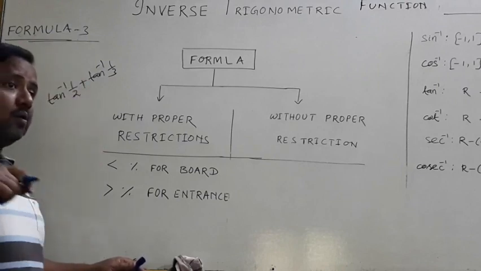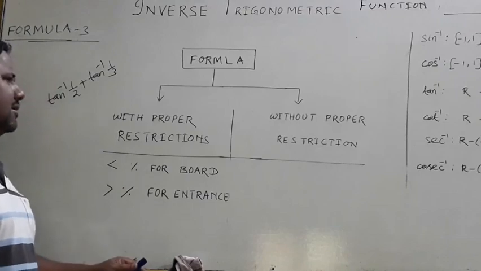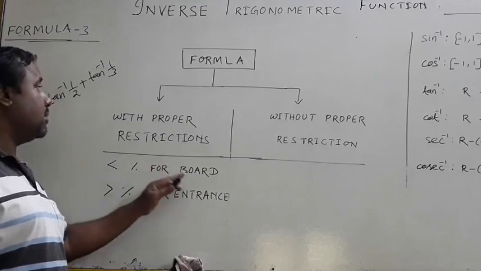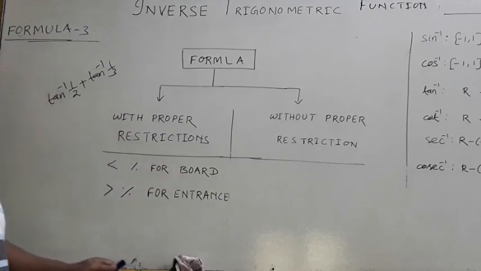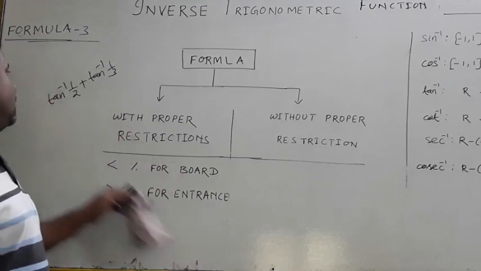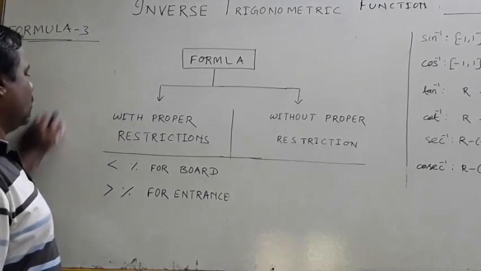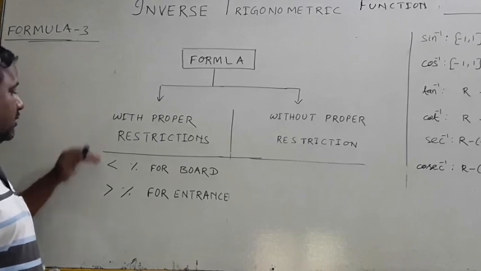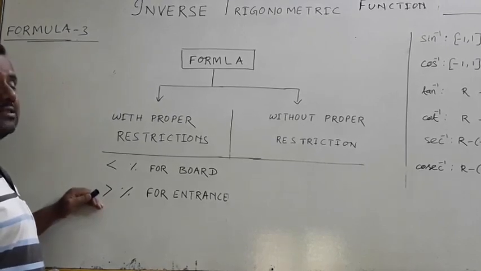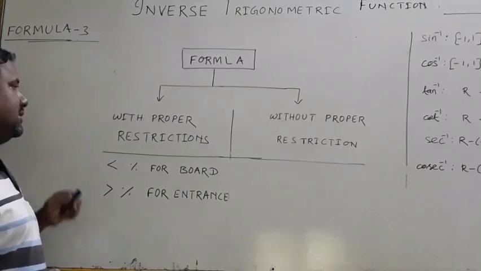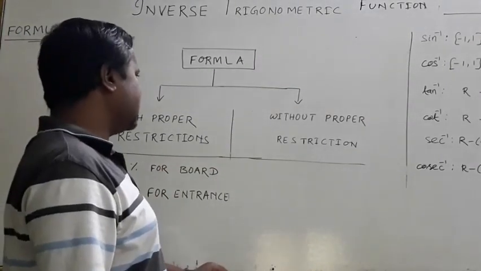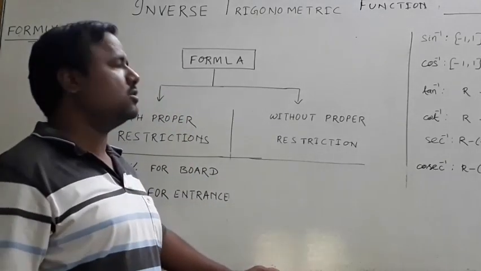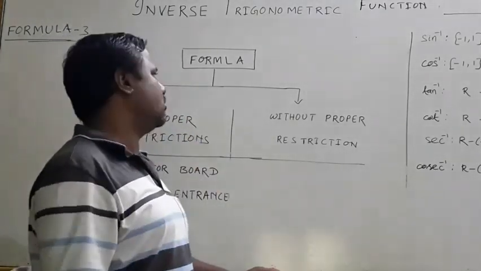If you go through those restrictions, there is a very small chance for the board to ask them, and there are many chances for the entrance examination. With proper restrictions, you have to remember there are more chances of questions coming. Without proper restrictions, very small questions, 1, 2 marks will come only for short questions.